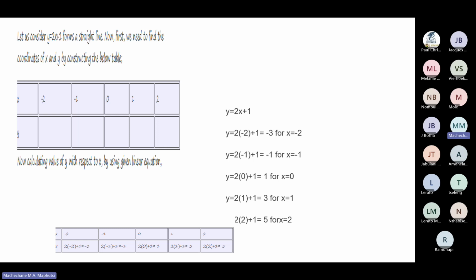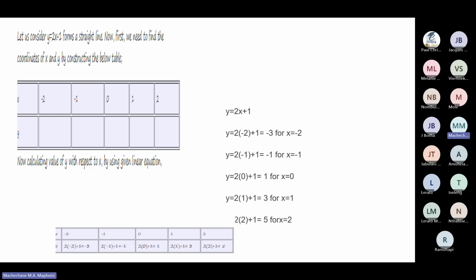As you can see there, I do have the very same equation y equals 2x plus 1, but when I substitute -2 in the place of x, I put -2. Then from there, we multiply 2 times -2, plus 1, is -3. So now, if the x value is -2, then the y value is going to be -3.